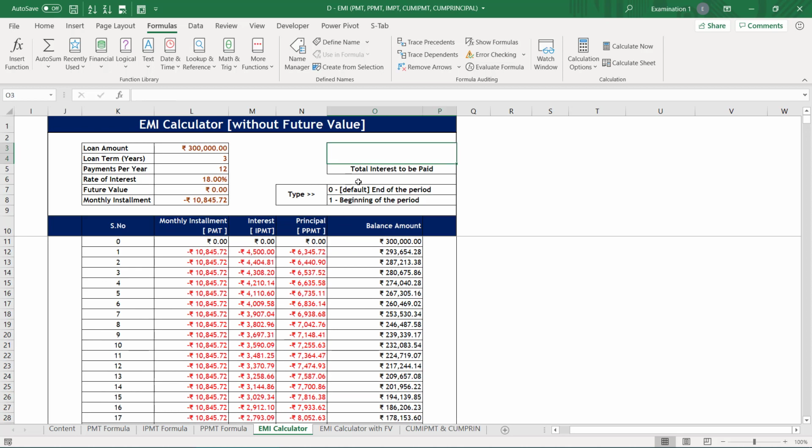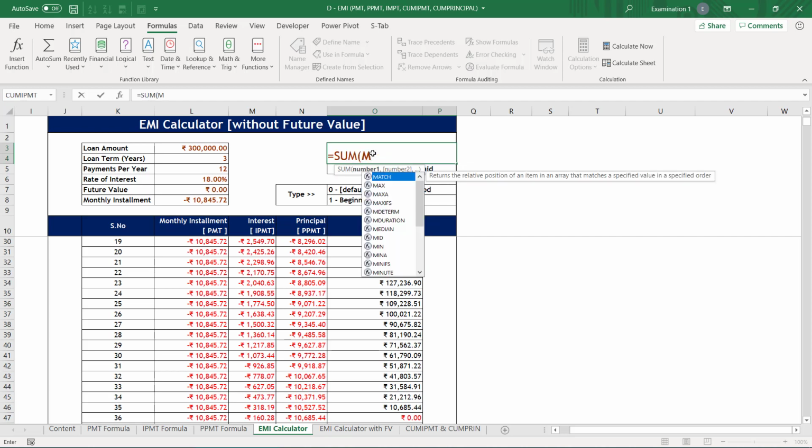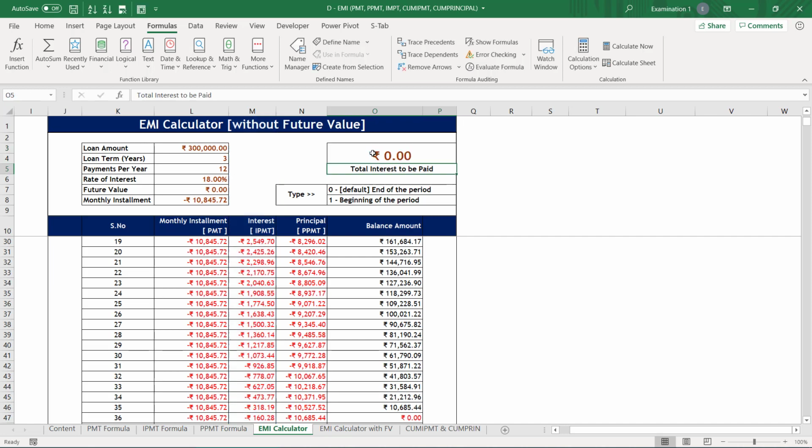Okay, now I intend to find the total interest which I have paid. So basically it is the sum of this entire column. Okay, this is one way. So I can sum this M column, and I can write that here something like that. This sum of column M, that means I'm going to sum a full column, and it is 90,455.